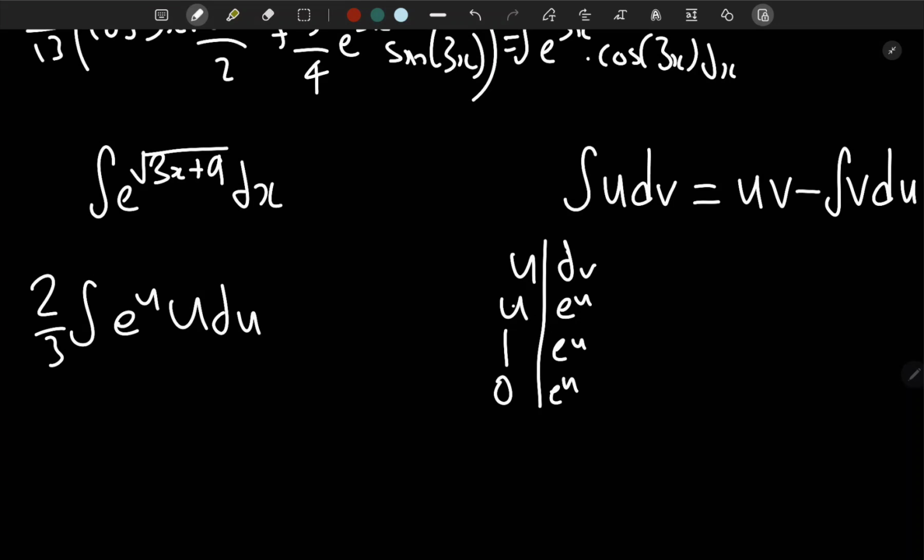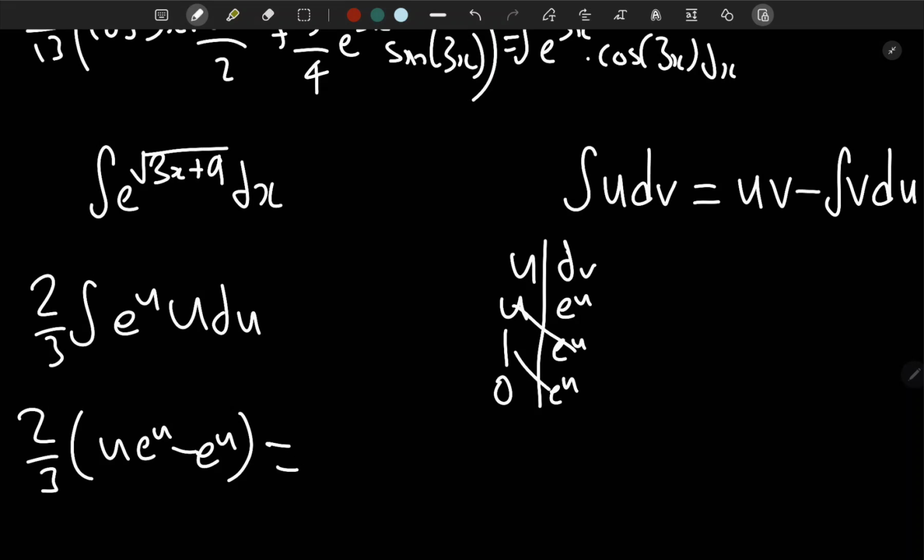And now we can cross multiply. So u times e to the power of u minus 1 times e to the power of u. So the final answer would be 2 over 3, u multiplied by e to the power of u, minus, don't forget that we need to alternate the sign, e to the power of u. And the final thing that's left is to replace u with what we took u as from the beginning.